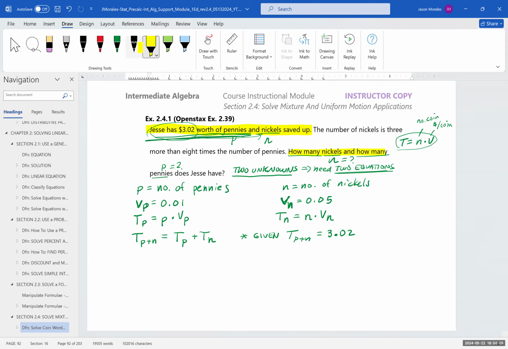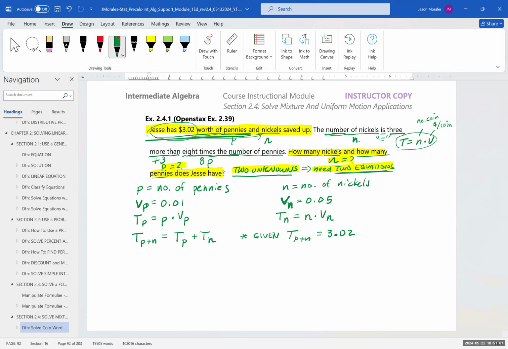So it says the number of nickels, N. The word "is" is going to translate to equals. Three more than, so I'm going to think of that as plus 3. 8 times the number of pennies is going to be 8P.